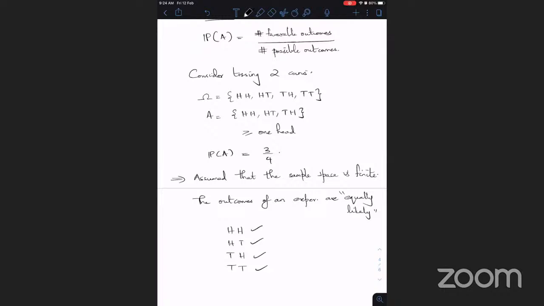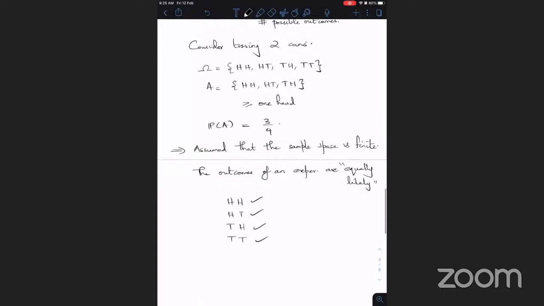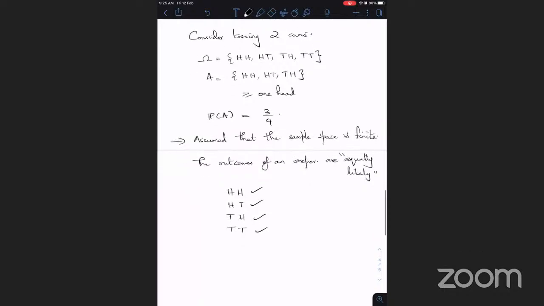So are these assumptions clear for everyone? Okay. Please do feel free to interrupt in the chat. I'll respond immediately. Okay.